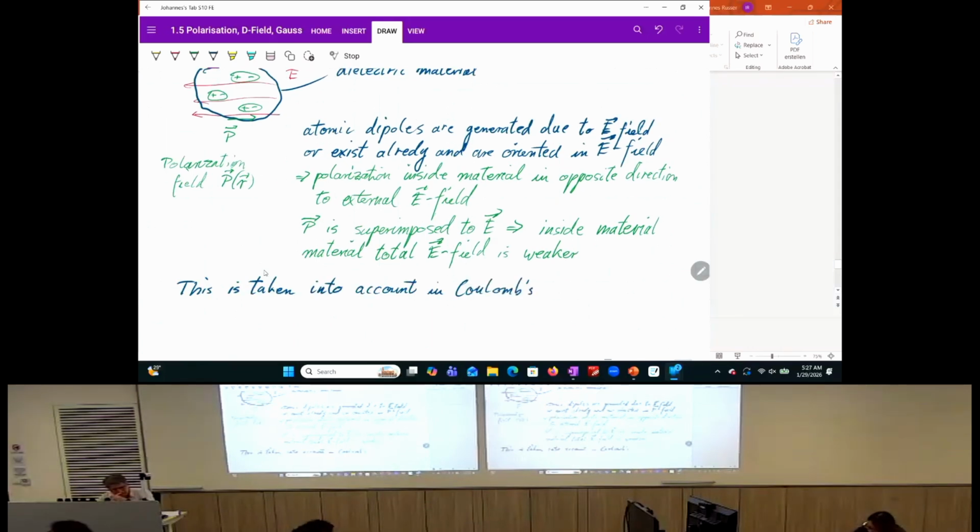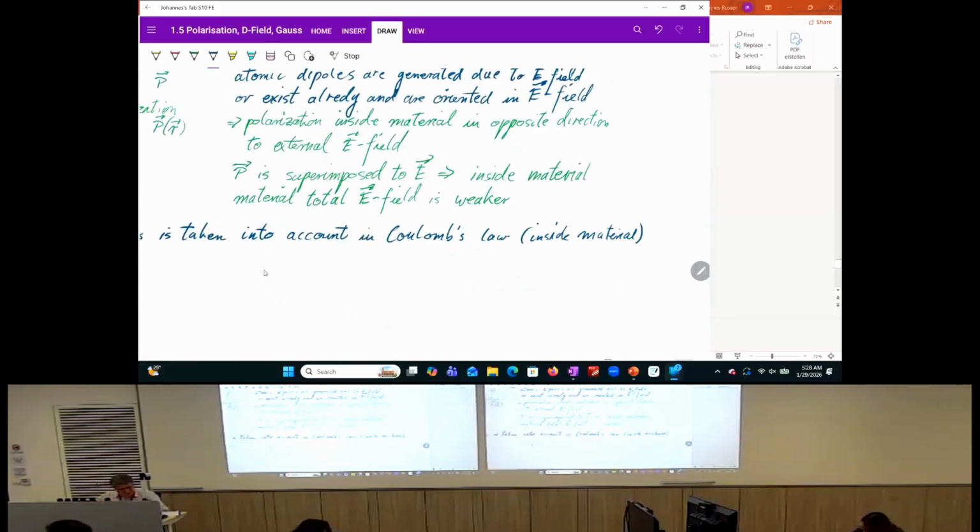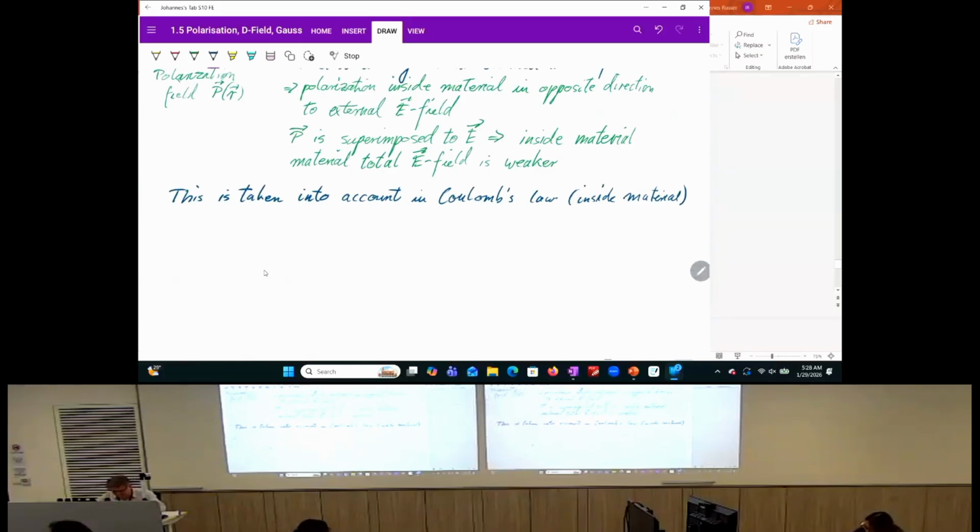But if we look at Coulomb's law inside the material, the force is reduced by this epsilon relative, compared to the force that is present in vacuum.